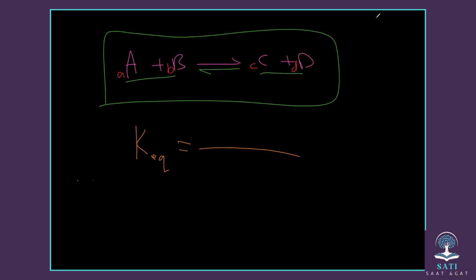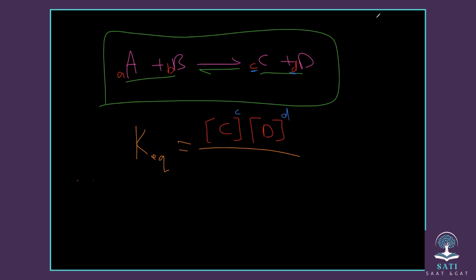D. If we have this reaction at equilibrium, how do I write its constant of equilibrium? Good. We first write the product C, and also the product D, and we put both of them to the power of their number of moles.